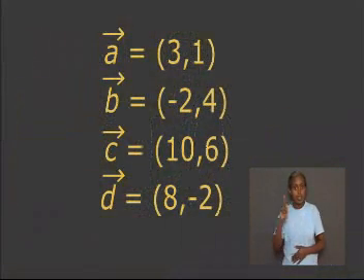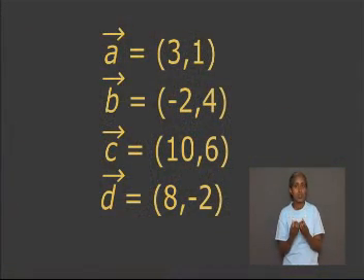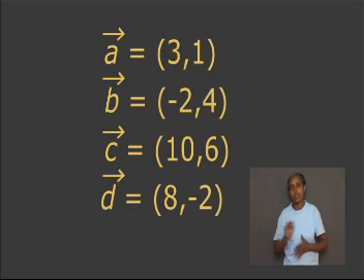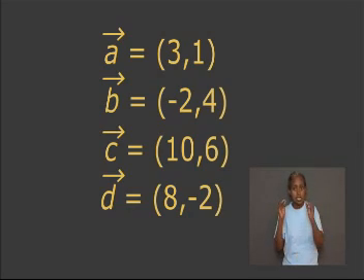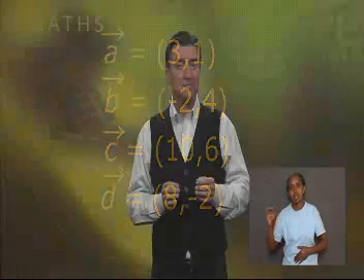Here are the components of 4 vectors. They are called A, B, C, and D. Please find the sum of A and B and the sum of B and C. You may get started now, students.